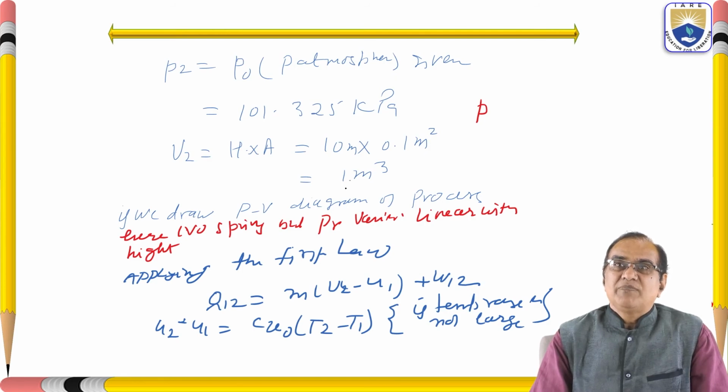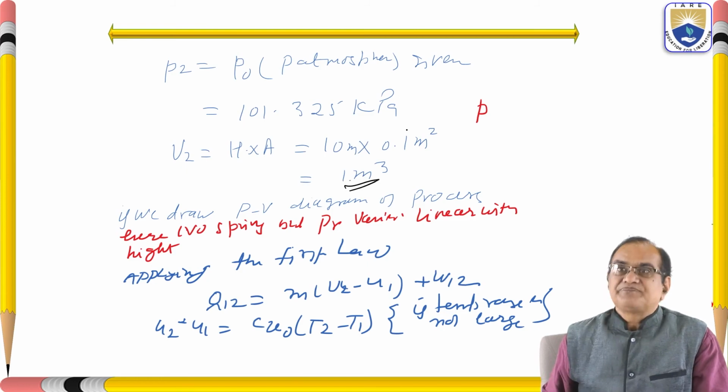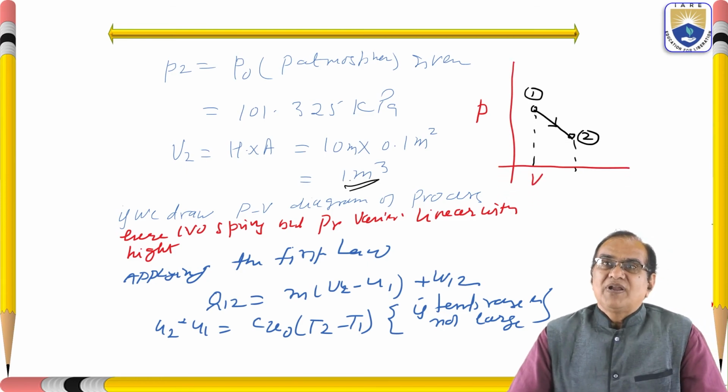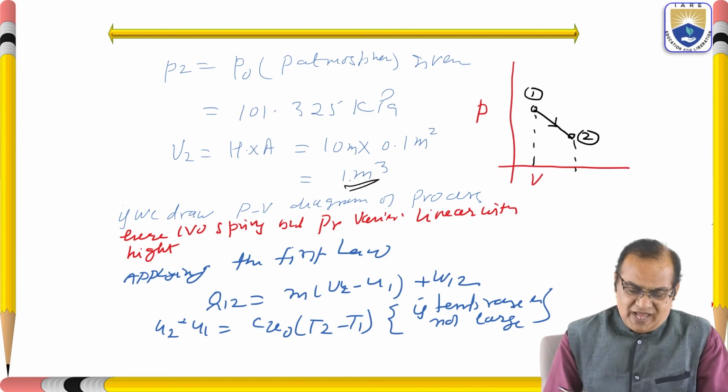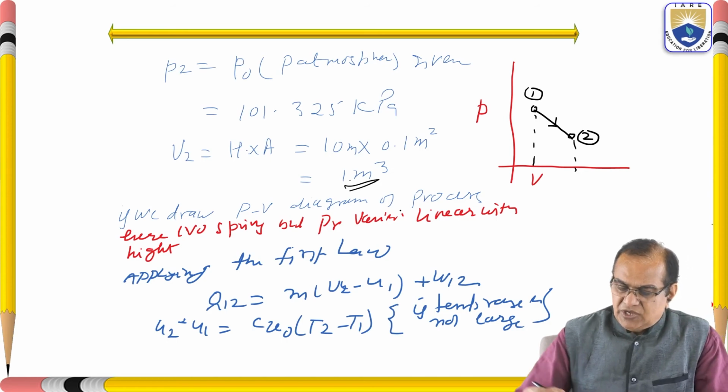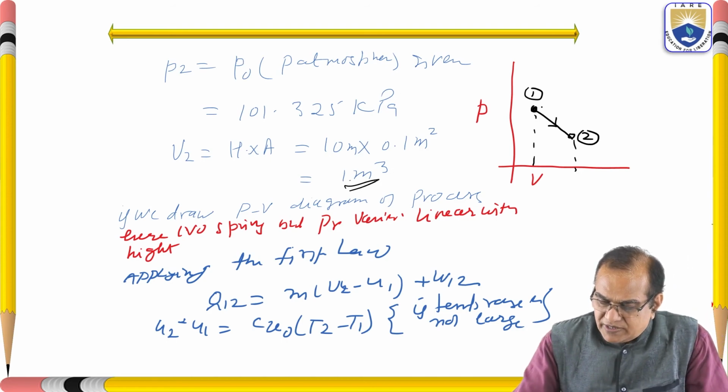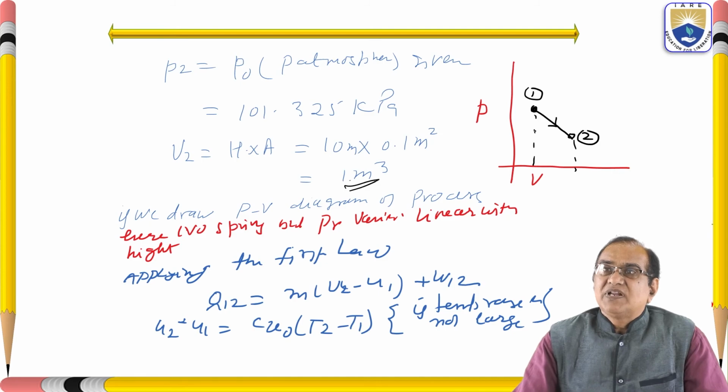So it will be 1 meter cube. So the volume V2 is 1 meter cube. If we draw the PV diagram, from state 1, here is V1 and here is V2, and this is the position of 2.